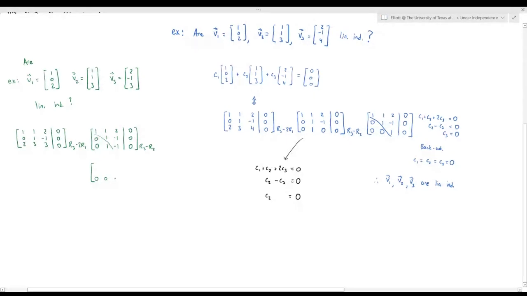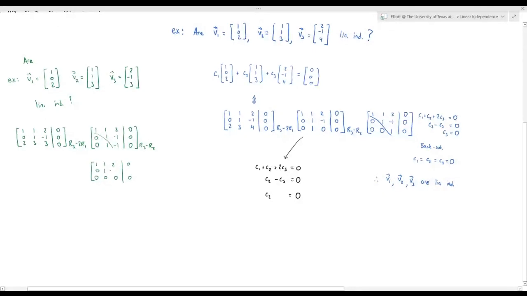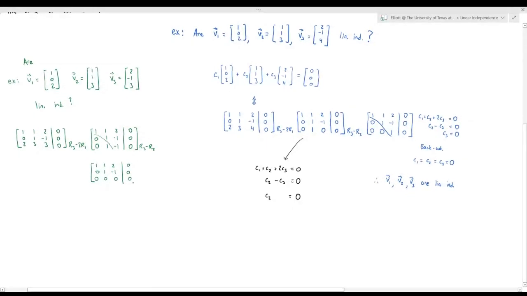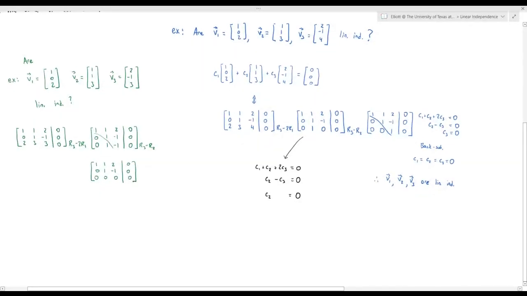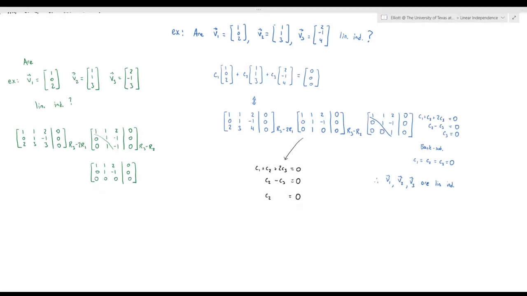So if you do row 3 minus row 2, it gets us this situation where we have a row of zeros at the very bottom. So maybe I'll pause for a moment and ask you, what's happening when we get to this point? What is that telling us regarding the system of equations that we were trying to solve?